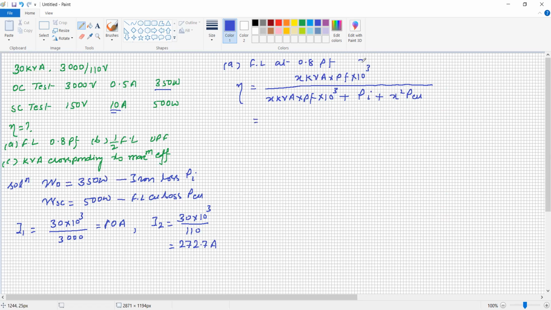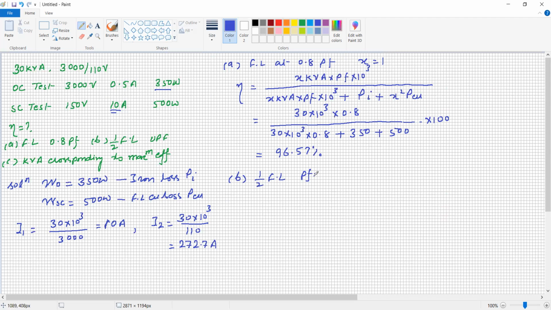X is equal to 1 here, so 30 into 10 raised to 3 multiplied by 0.8, divided by 30 into 10 raised to 3 multiplied by 0.8 plus iron losses 350 plus copper losses 500. So efficiency is equal to 96.57%.